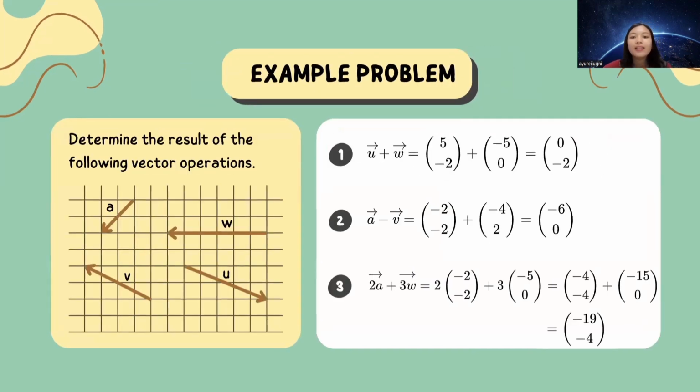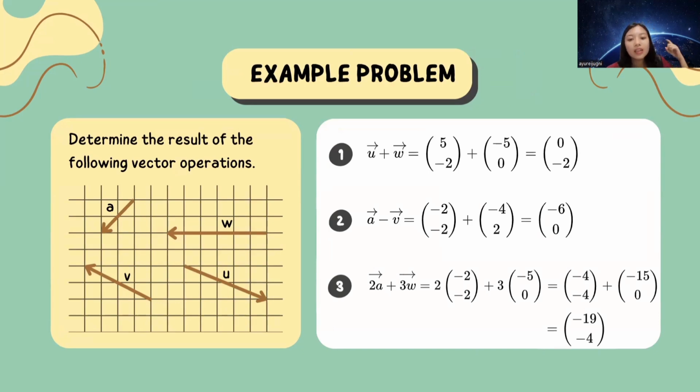Now, let's solve an example problem together. We are asked to determine the result of several vector operations. When solving vector problems, always pay attention to the components and directions. Let's solve it step by step.